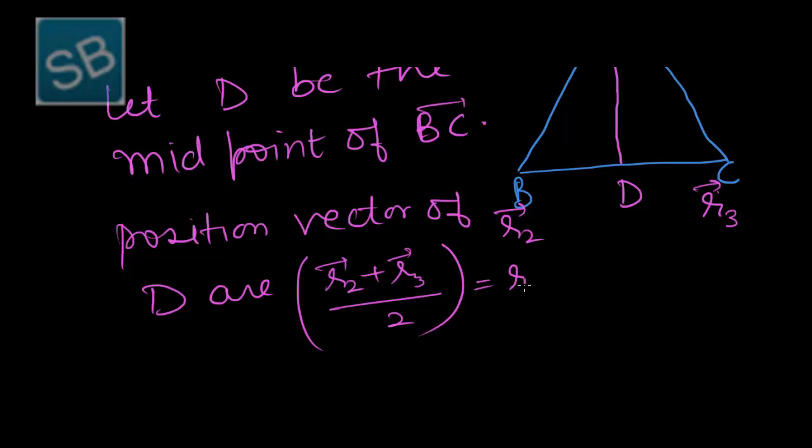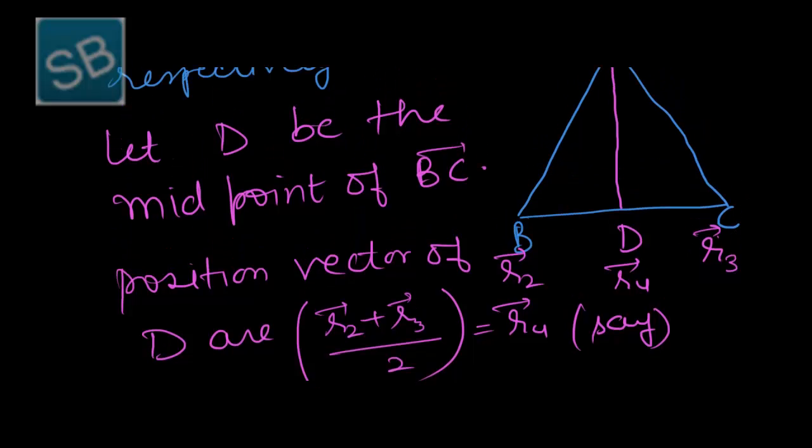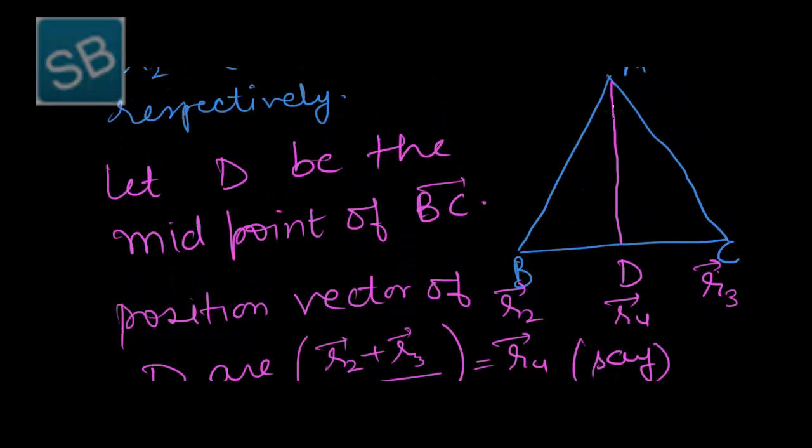Let its name be r4. Now let G be a point on AD, as AD is a line segment from the vertex A to the opposite side. D is the midpoint of this side, so AD is called a median, and the point that divides the median is in the ratio 2:1.